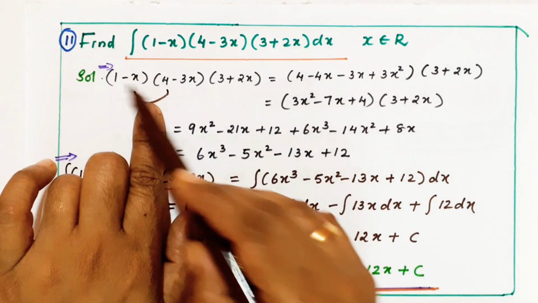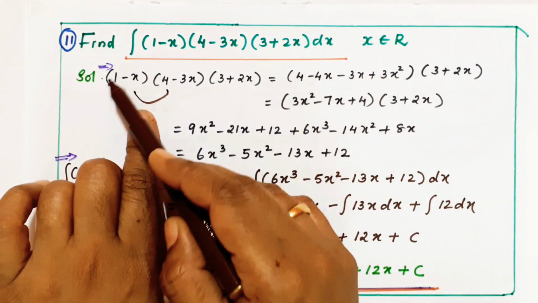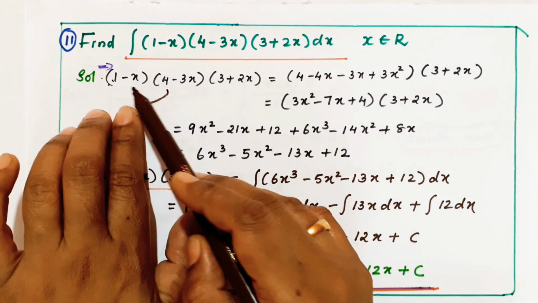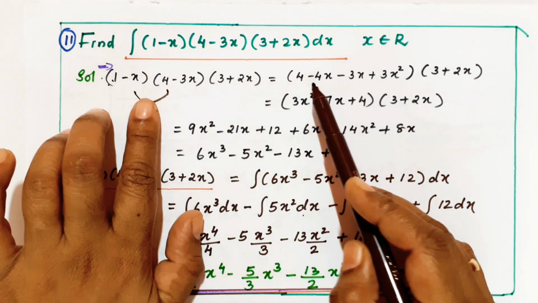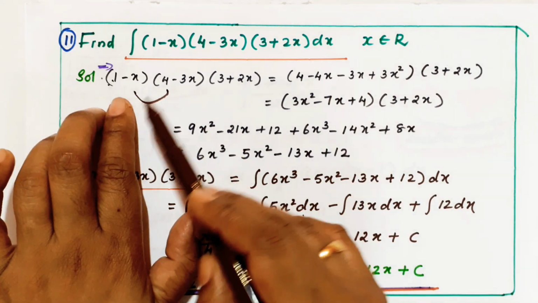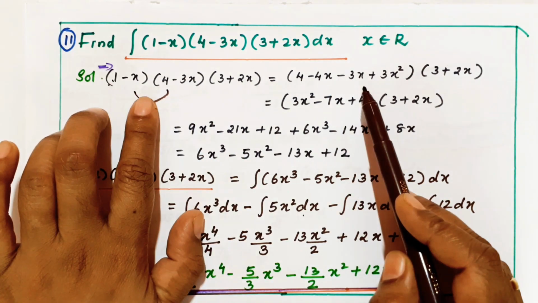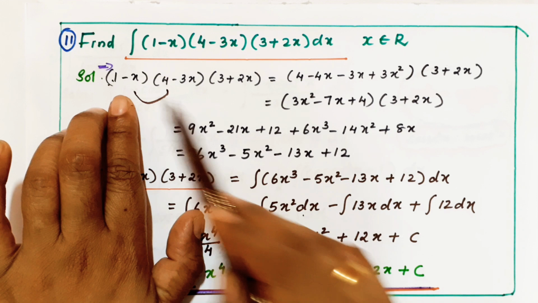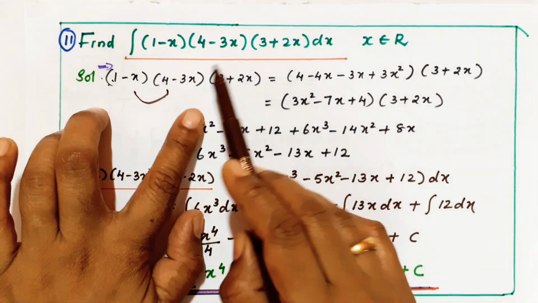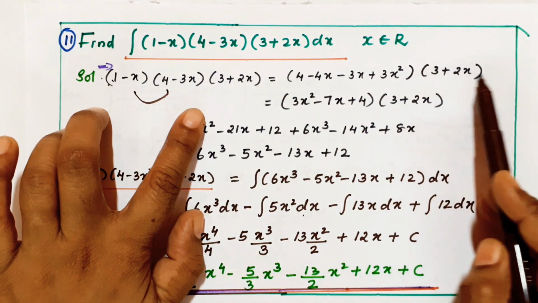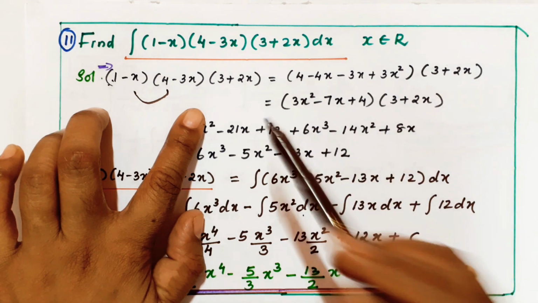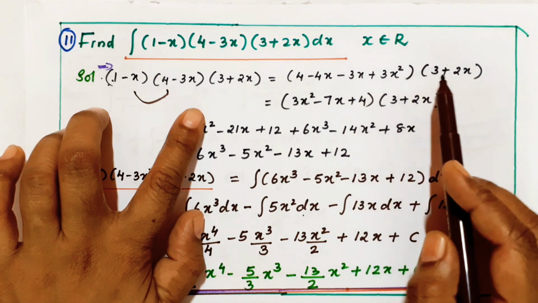It will be 1 into 4, 4. 1 into minus x, minus 4x. Second term 3x into 1, minus 3x. 3x into this term, so it will be plus 3x square. The last term we are writing as 3 plus 2x. Again we are opening the bracket.